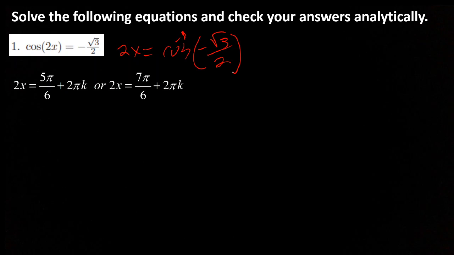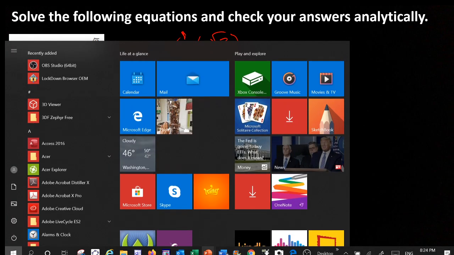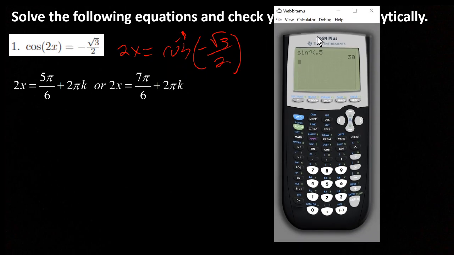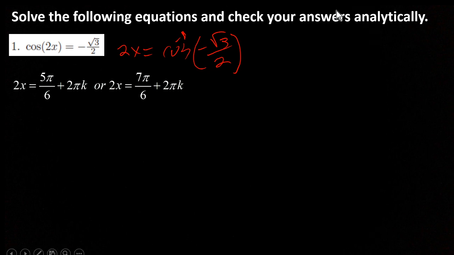Now, if you have no idea where that angle is, which I think you should, but suppose you don't, well, you can find cosine inverse of negative square root of 3/2, and that's 150 degrees. So 150 degrees, that's the only one that the calculator gives us.